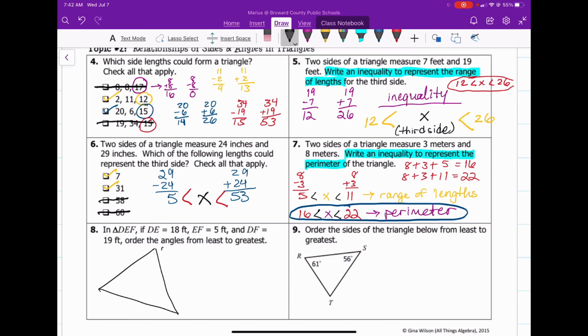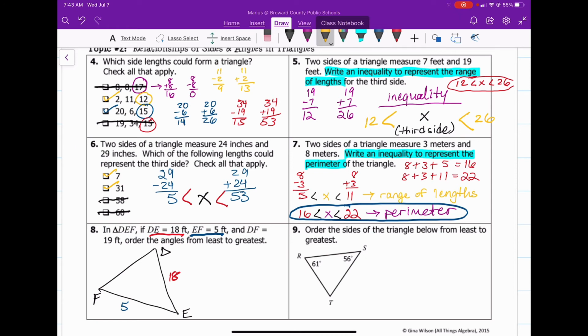Okay? And I'm going to label it D, E, and F. Now, DE, that's 18. EF is 5.